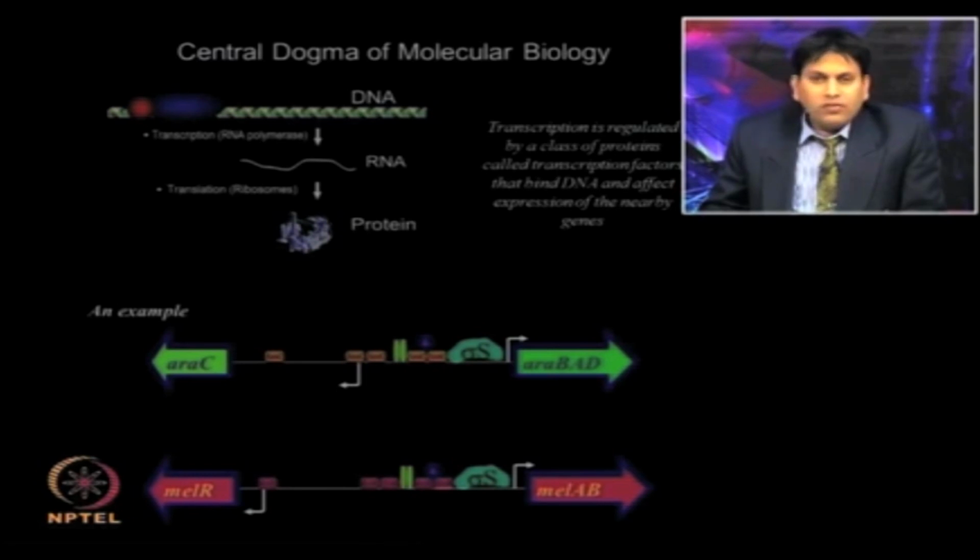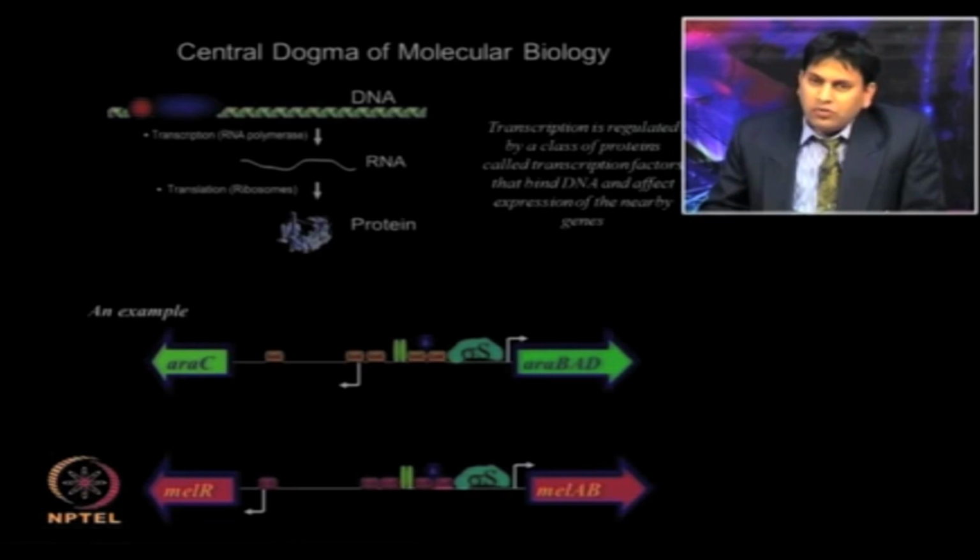There are also cases, many cases actually, where multiple transcription factors bind to the upstream regions. As you can see in this case, represented with the orange box as well as the blue circle, where other transcription factors bind.